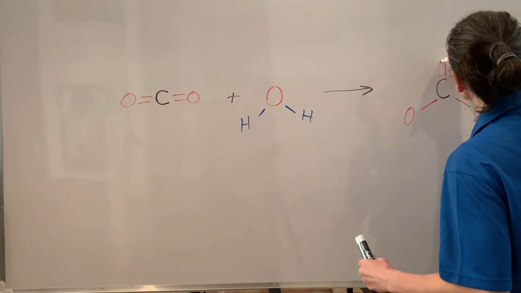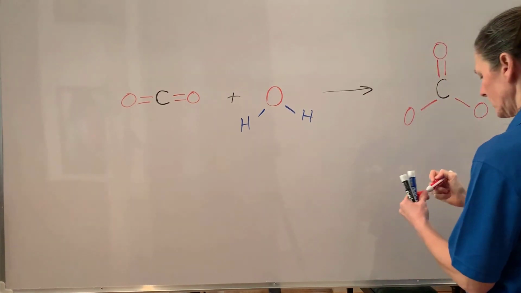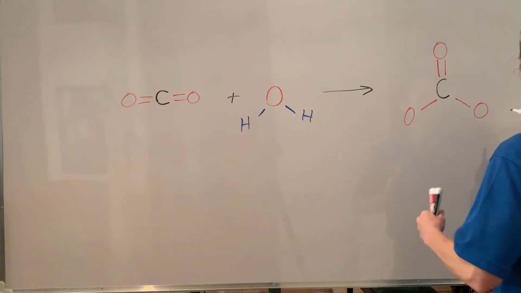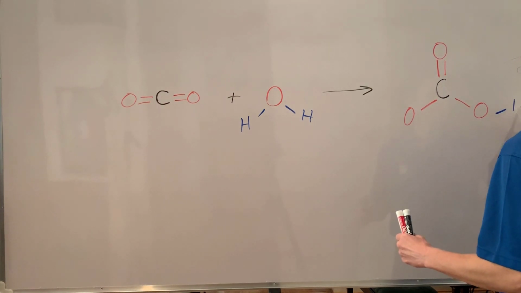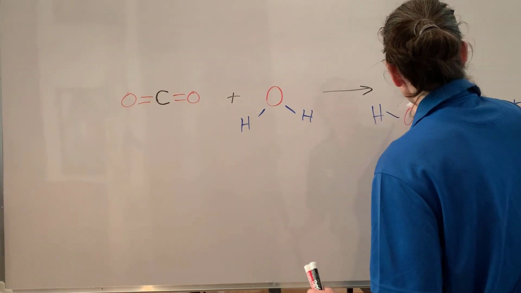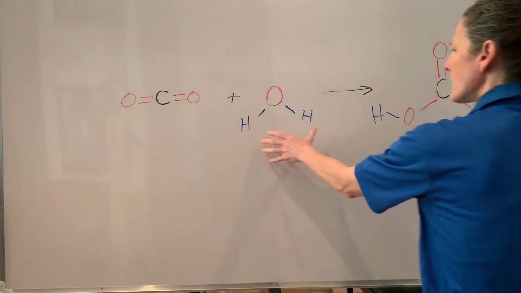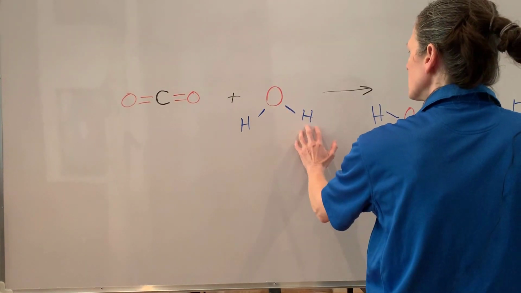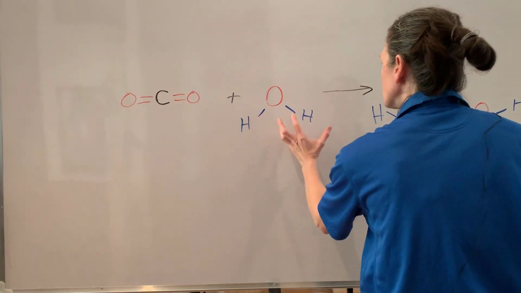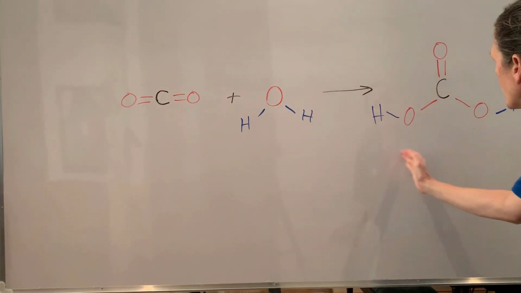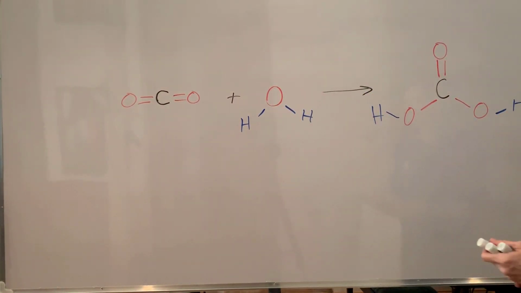And so I'm just drawing the components here. So we've got our carbonic acid over here. And you'll notice immediately that, like water, we have an oxygen with a hydrogen. So we've got a hydroxyl group here, and this would be a hydroxyl group, and this would be a hydroxyl group.